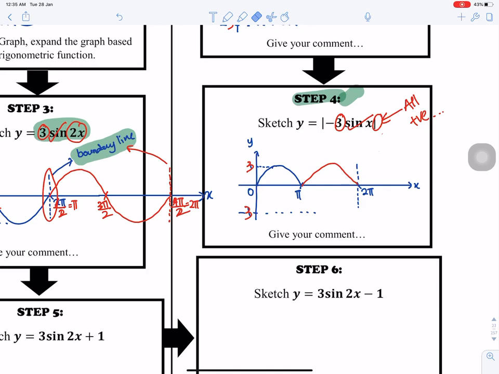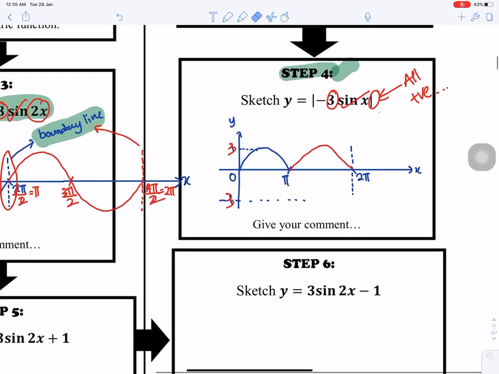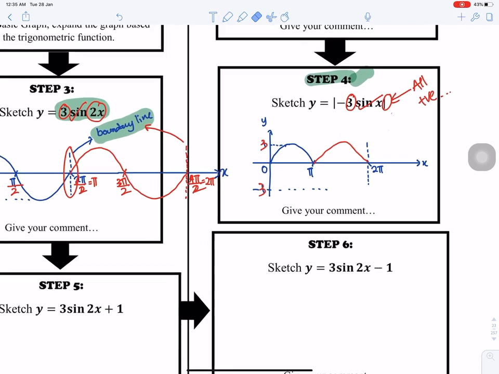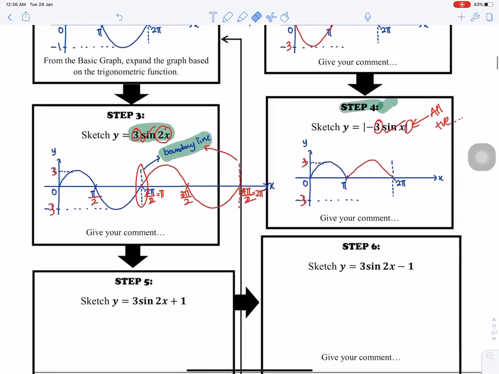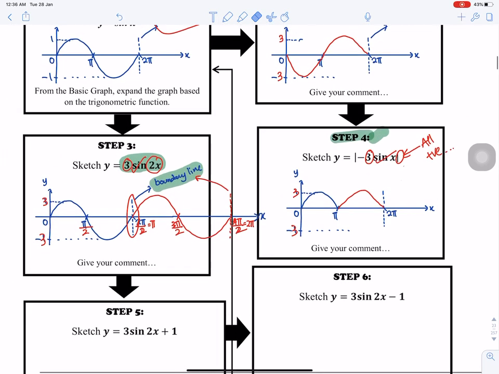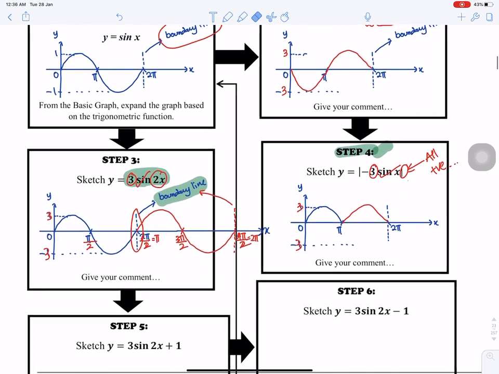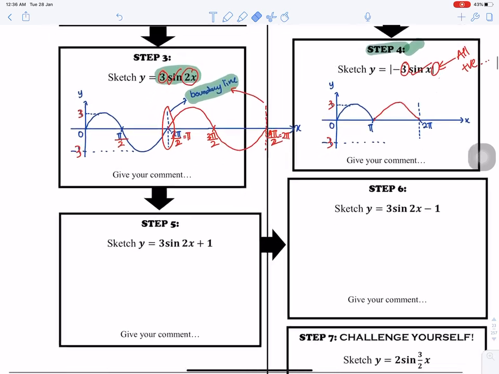This is the sketch of the graph for the function when there is a modulus. Again, from the basic graph, we can sketch any sine x function.